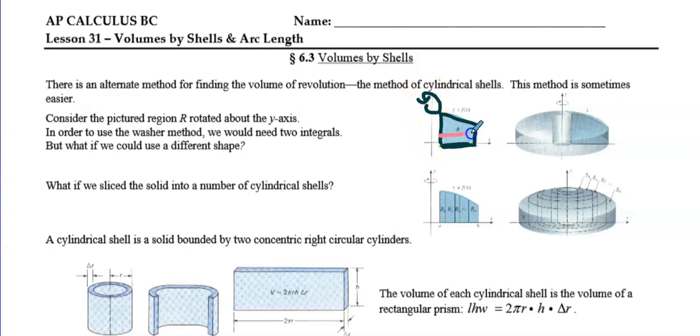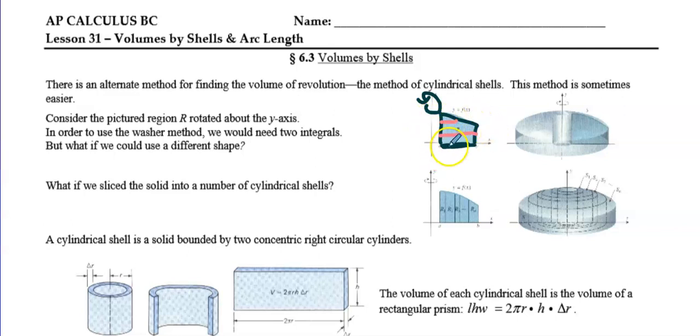So if I drew a rectangle right here, then my right curve would be this x equals function, and my left curve would be this line right here. However, if I moved my rectangle up to here, then my right curve would actually be this line that's slanted, and this would be, again, my left curve.